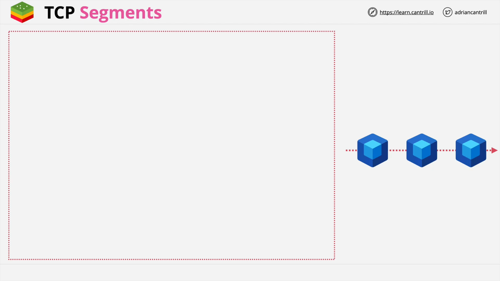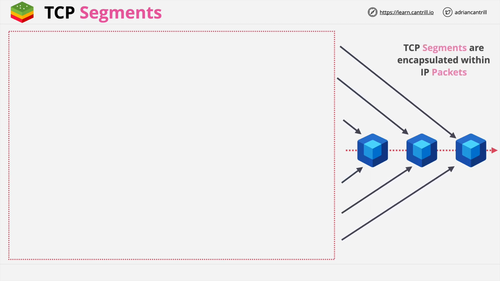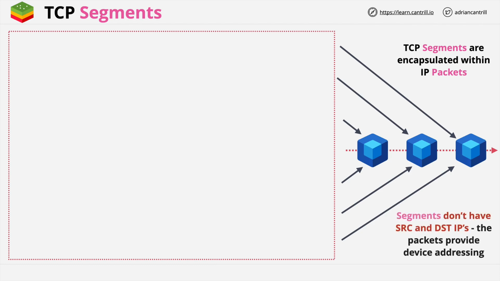Well, TCP segments are placed inside packets, and the packets carry the segments from their source to their destination. Segments don't have source or destination IP addresses because they use the IP packets for the transit from source to destination. This is all handled by Layer 3, in this case the Internet Protocol.